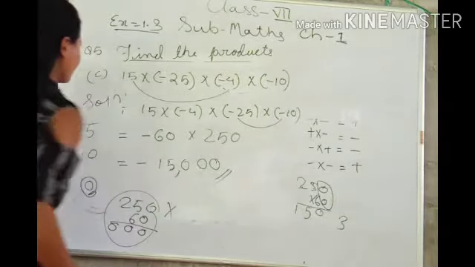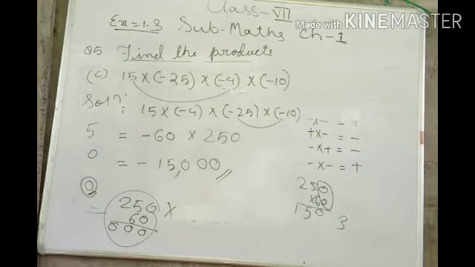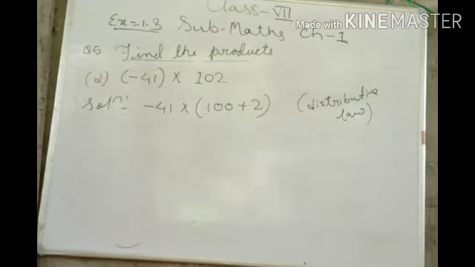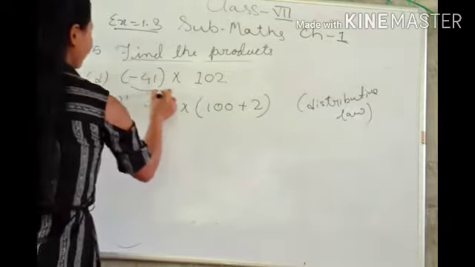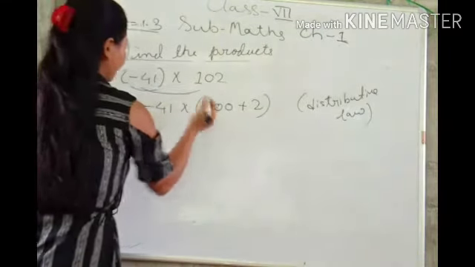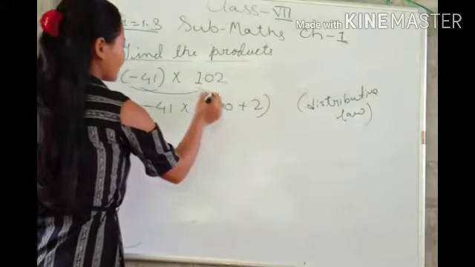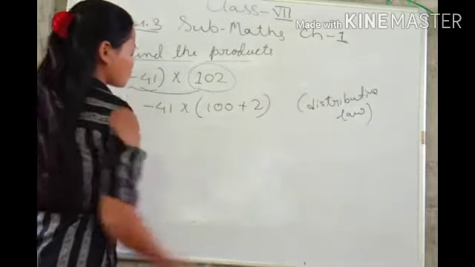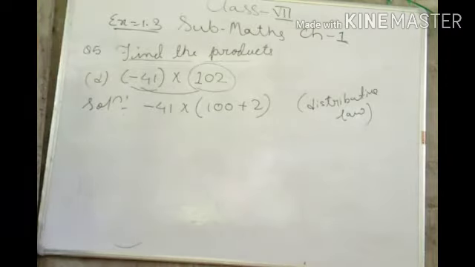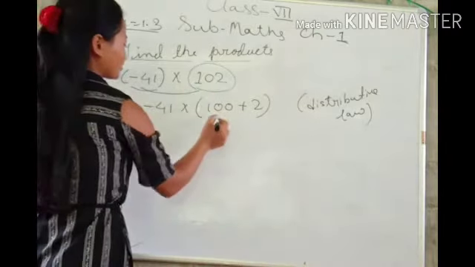So the next question is question number D. What is written here? Minus 41 multiply 102. Instead of multiplying directly, I will write 102 in expanded form, as we learned in our junior classes. Instead of 102, I wrote 100 plus 2.